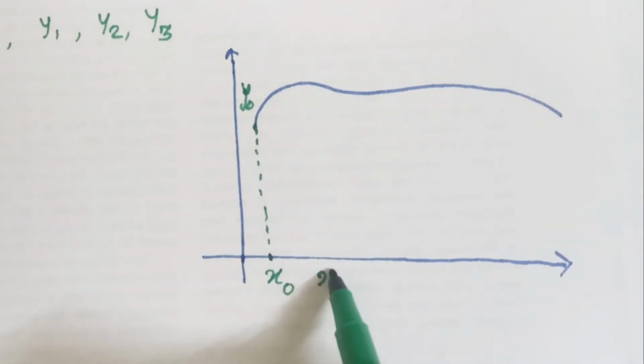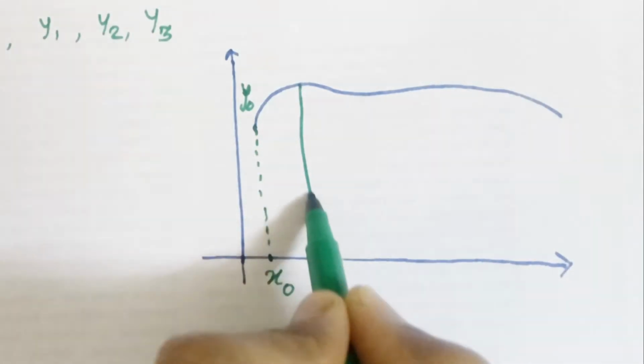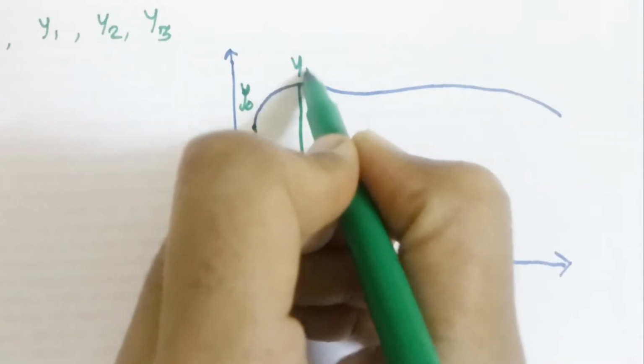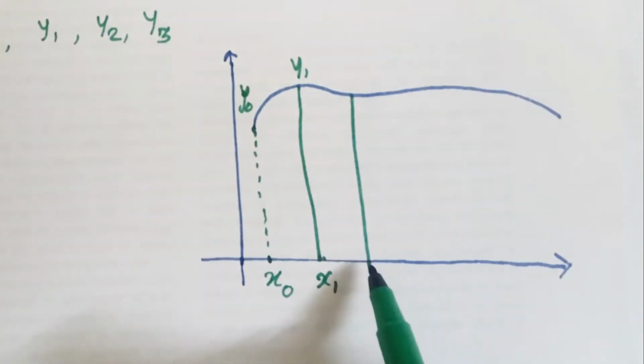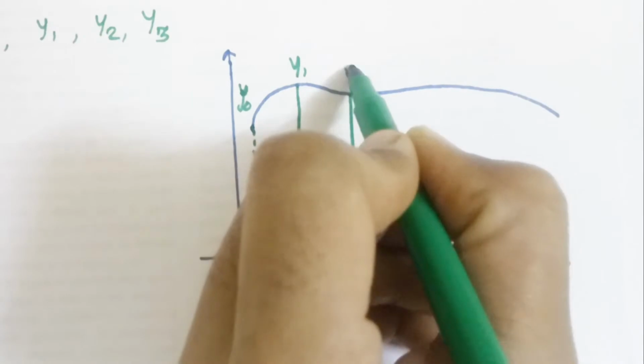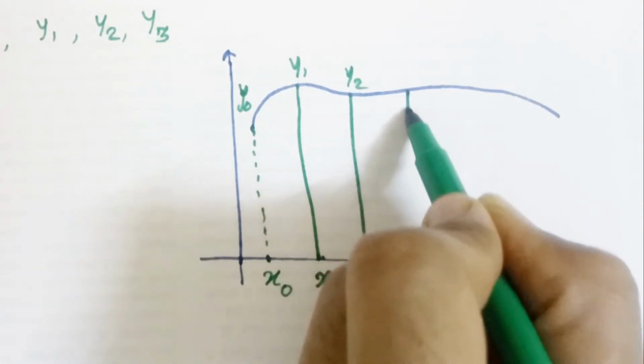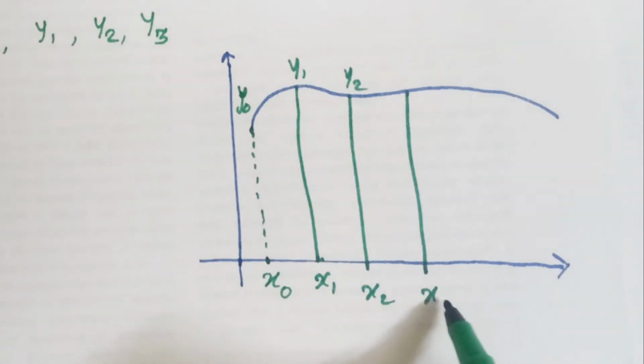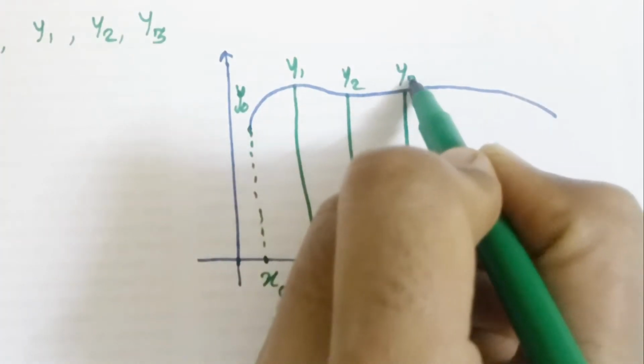Similarly, the next point is x1, corresponding to which we get y1. Similarly, x2, y2, and next x3, y3.